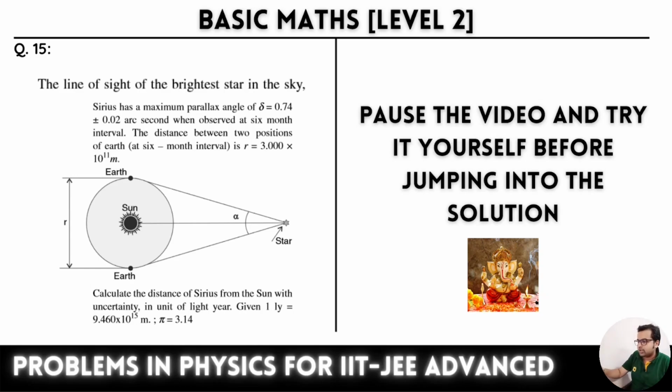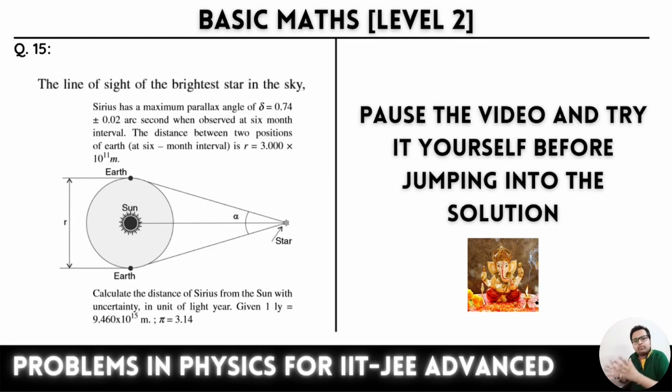So at the 6 month interval, that two extreme position distance is r. And when you look at the star from these two extreme positions, you make an angle. That angle is given, that is, I think, this theta.